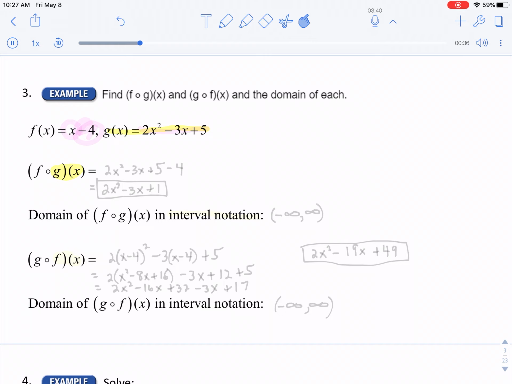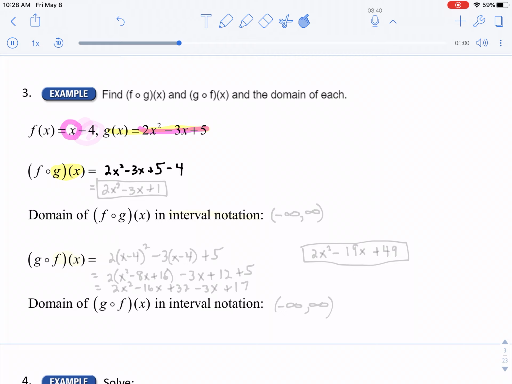So you're going to take out this x and replace it with 2x squared minus 3x plus 5, but then we still have that little minus 4 up there.